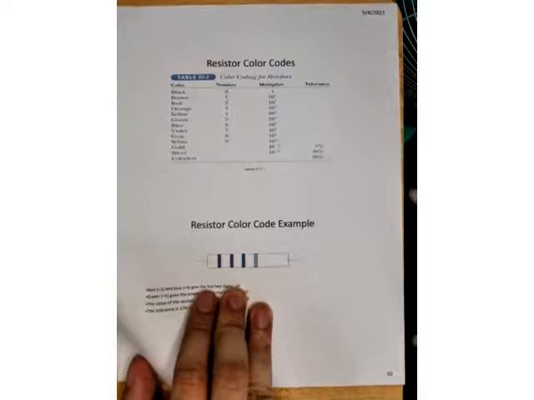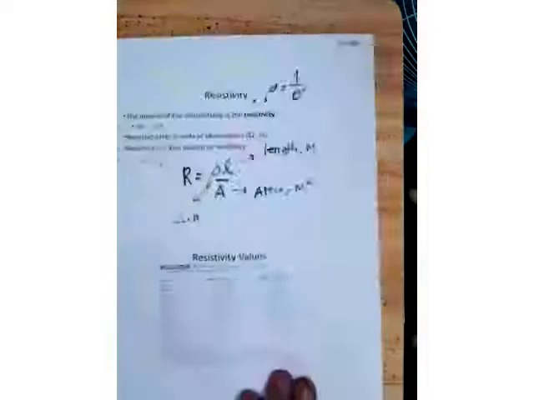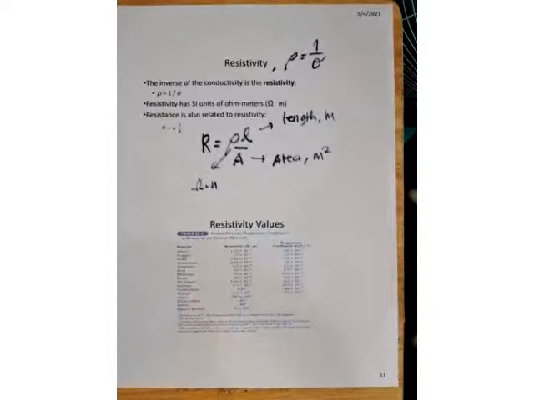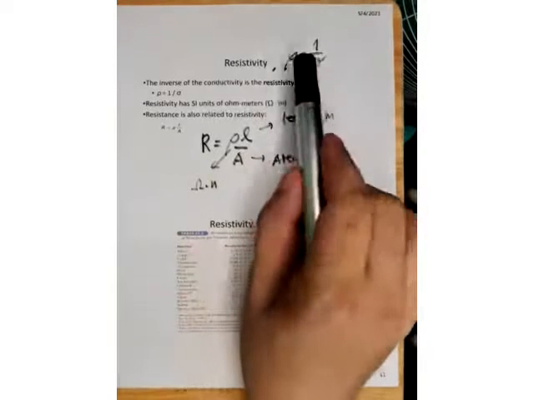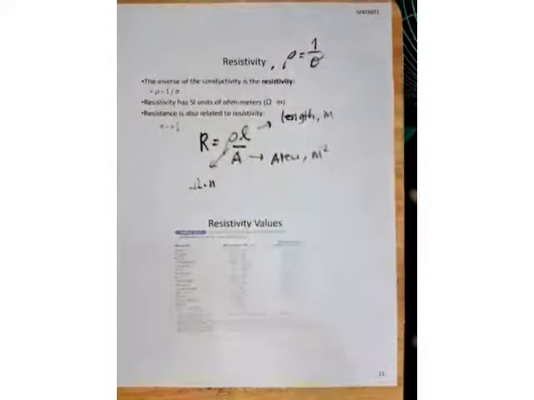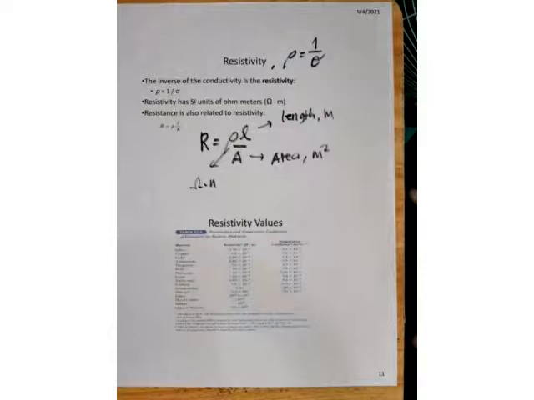Okay. Kung resistance yan, may kinalaman yan sa resistivity like conductivity. Ang resistivity ay yung inverse ng conductivity. So, the resistivity, which is rho, is equal to 1 over sigma or 1 over conductivity. So, ang reciprocal ng resistivity ay conductivity or vice versa. Ang resistivity, ang SI unit niya ay ohm-meter, at ang resistance is also related to resistivity.